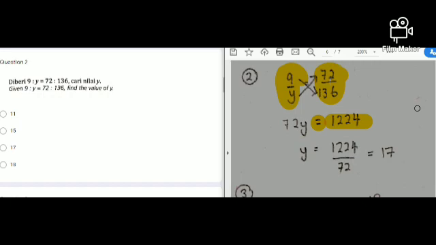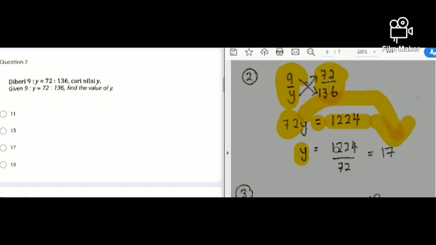Then in mathematics, 72y is actually 72 multiplied by y. So in the question, it just wants y. When you want y, you need to bring 72 to the other side. When you bring 72 to the other side, you must do division.